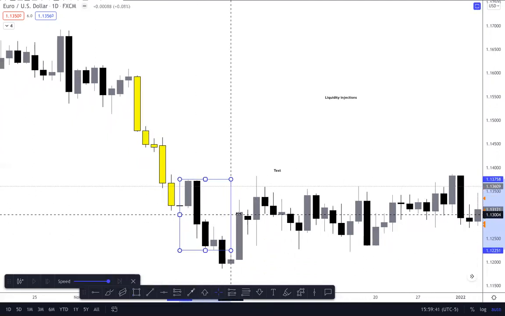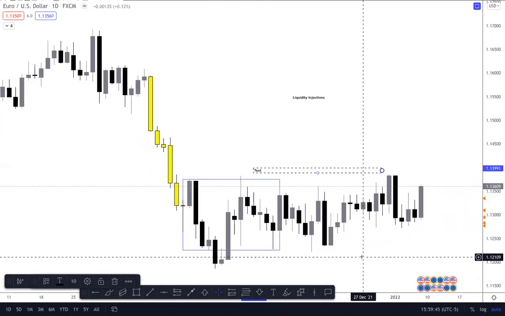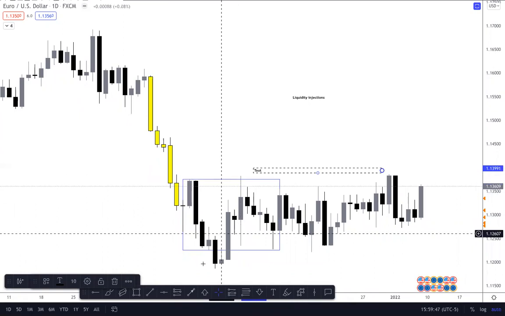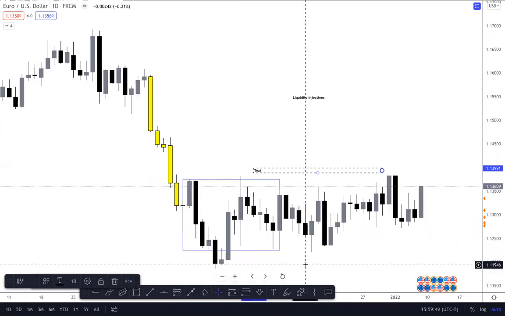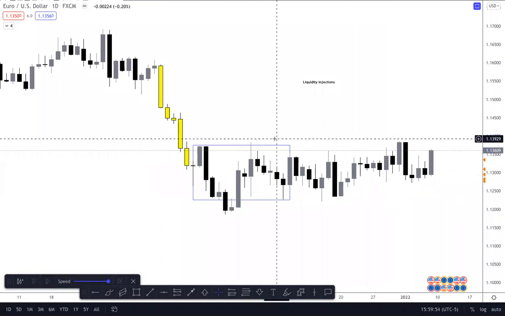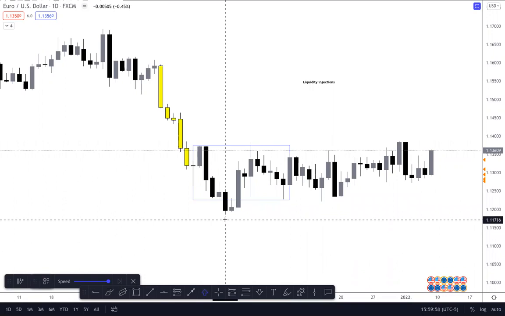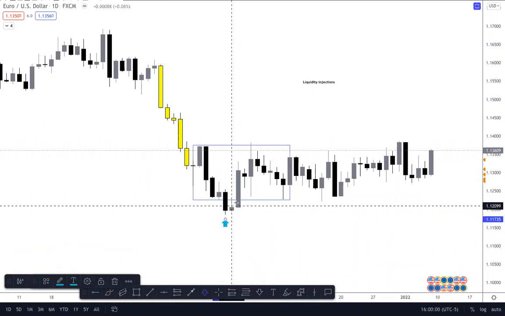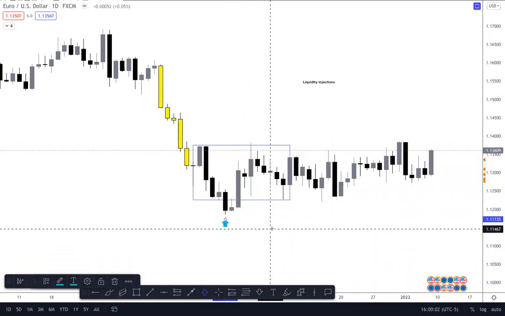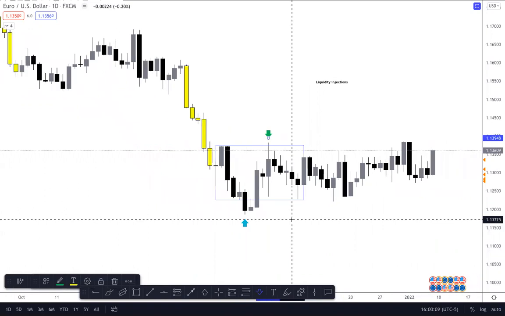What we want to do is drag it across, and we can see the manipulation occurring out of the box. It works just like inducement, right? We have manipulation coming out of the injection, manipulating the injection, and then price moving to the opposite side. And then we have price manipulating the top of the injection and then moving to the opposite side.